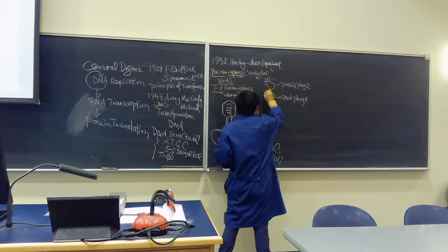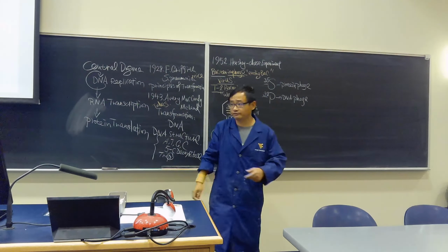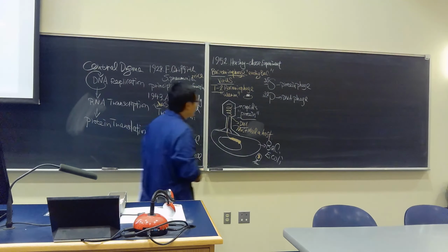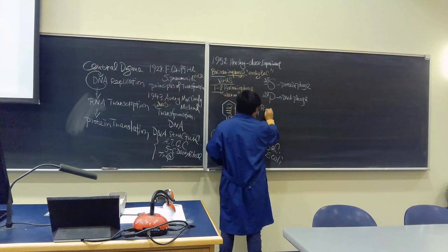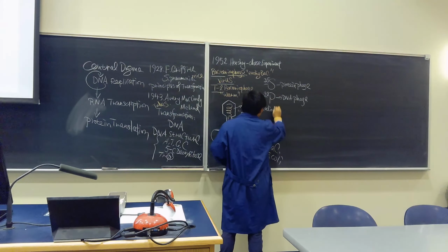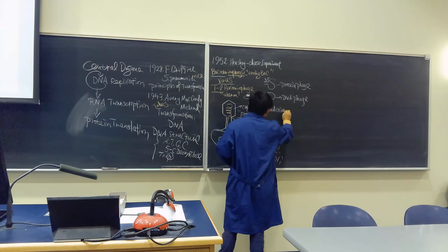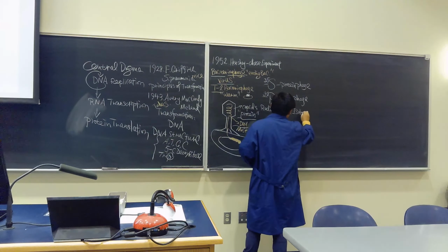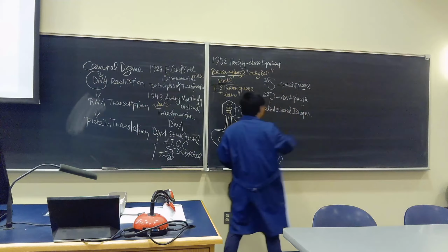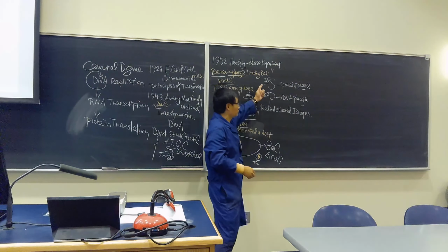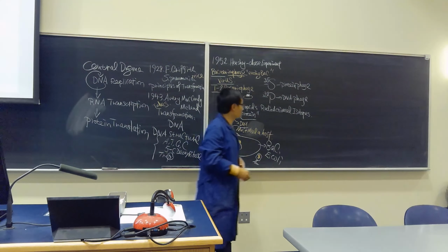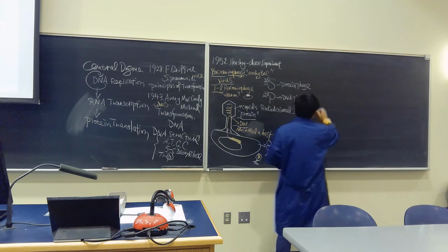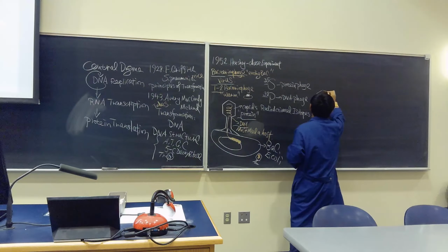Now, once you see these chemicals, S35 and P32, what this means is that they are radioactive isotopes. So you will know the signals there for these isotope chemicals. Okay, so how do they do it? They had a bacteriophage, let's say right here.